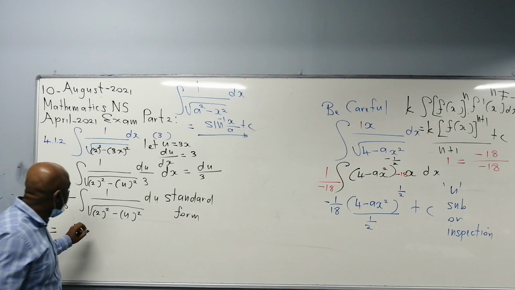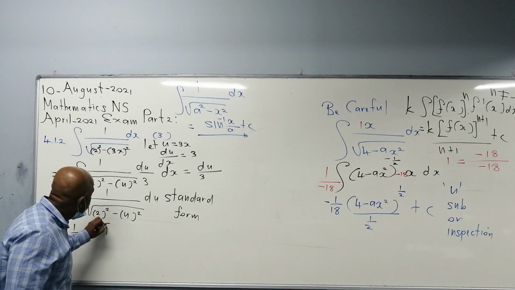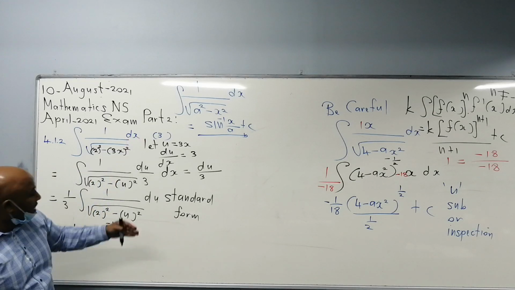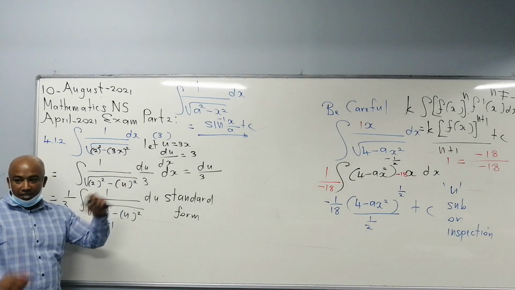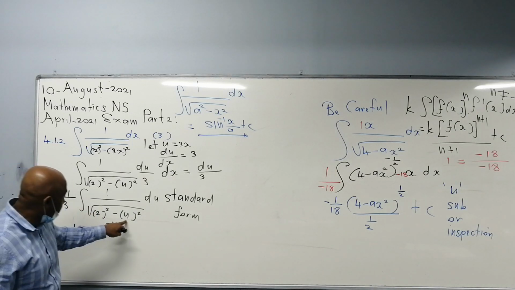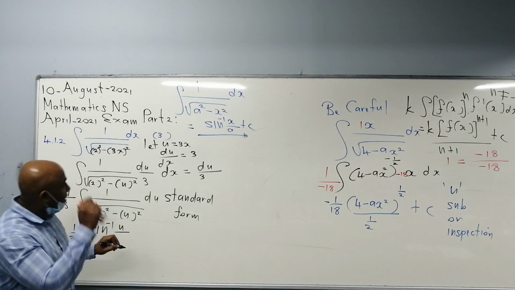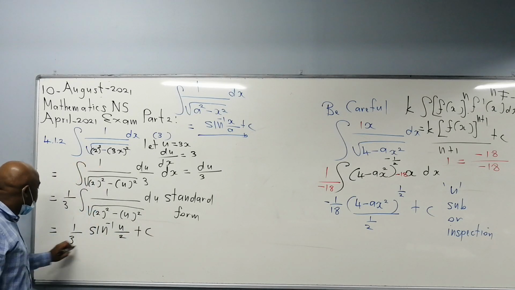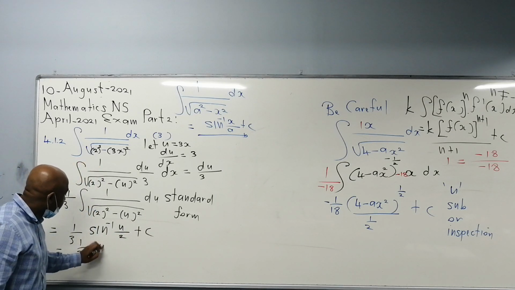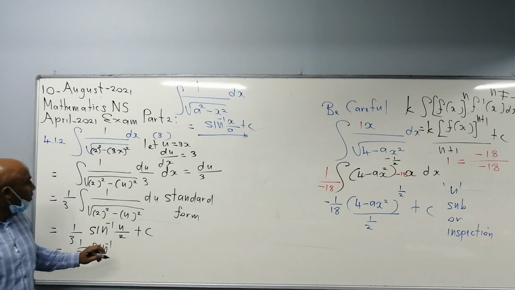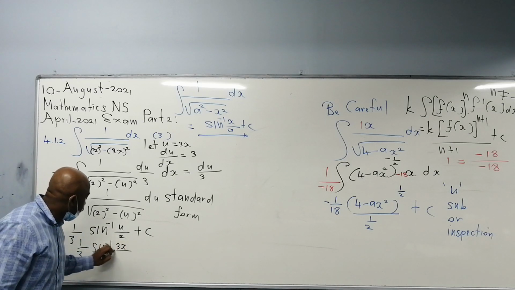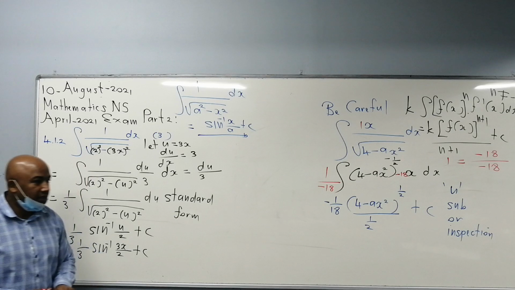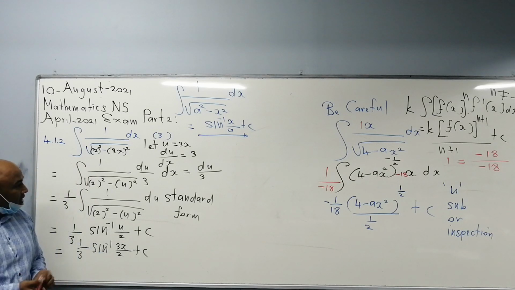So that's my 1 over 3 times inverse sine x over a, but now x has been replaced. It's going to be u over a, which is 2, plus c, and you're done now. So that's 1 over 3 inverse sine. My u is 3x, so that's 3x over 2 plus c, and I'm done.